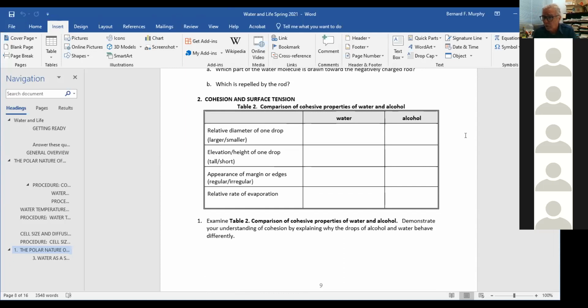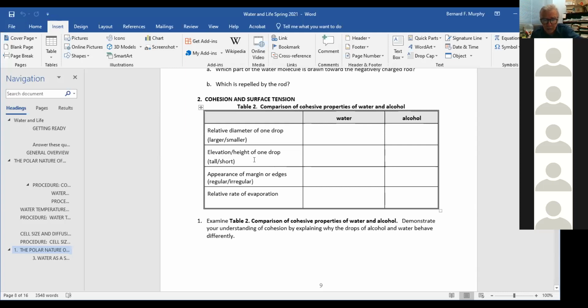So it's larger. And this is because, remember the structure of alcohol, it has a hydroxyl group. So it has a polar covalent bond, but only on one side of the molecule, not on the other side. So it really only forms like one hydrogen bond. Whereas water is polar on both sides and forms several hydrogen bonds. So it's much more cohesive.